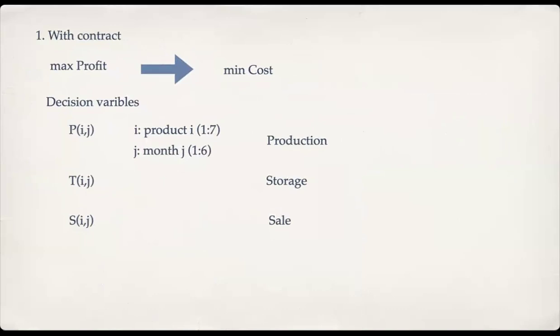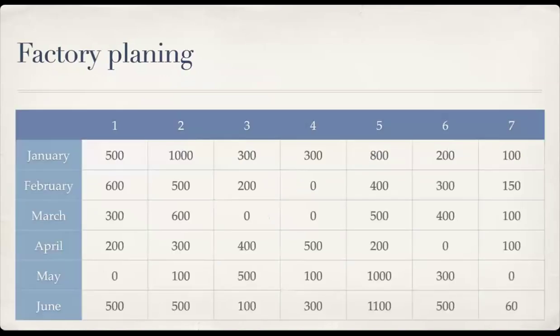There are 2 ways to formulate this problem. First, if we have a contract regarding the amount of sale, you see that we have information regarding the marketing limitation, right? If we have a contract on that, that means we have to sell each product each month.